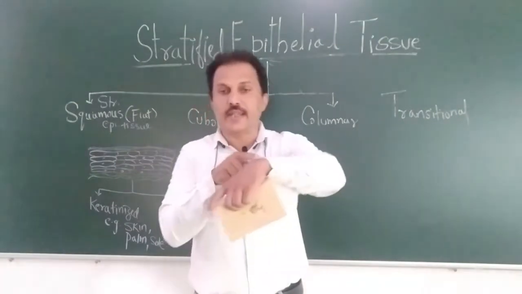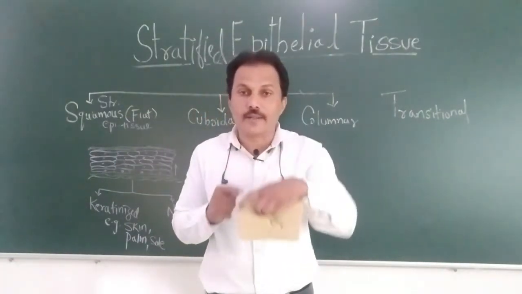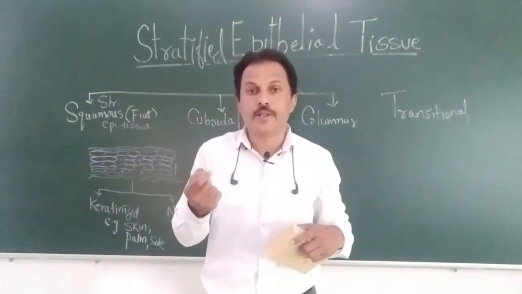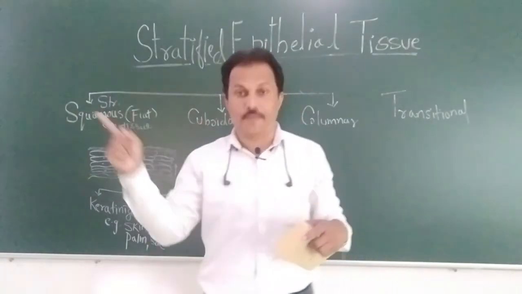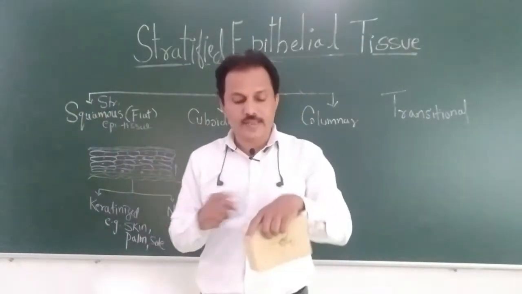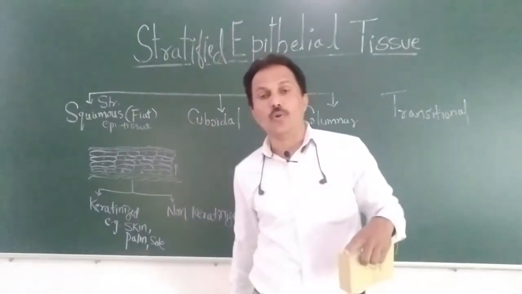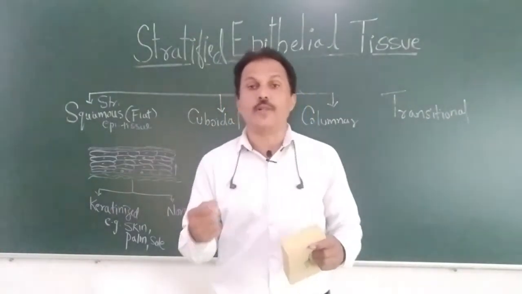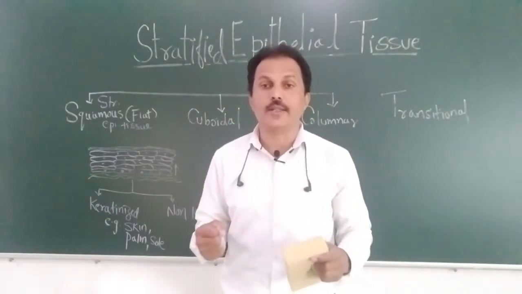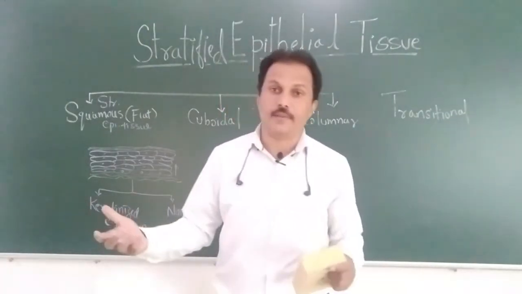Even our skin is a very good example of stratified squamous epithelial tissue. What type? Keratinized type. Because all these areas, skin, palm, sole, are very hard and they give protection to our body. They give strength to our body for survival.